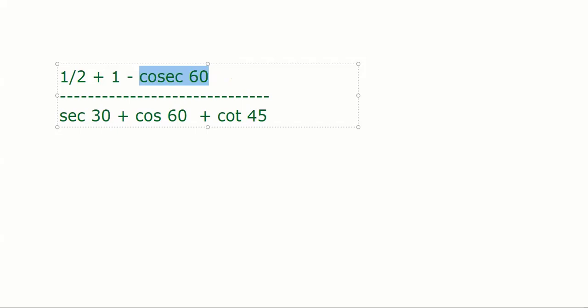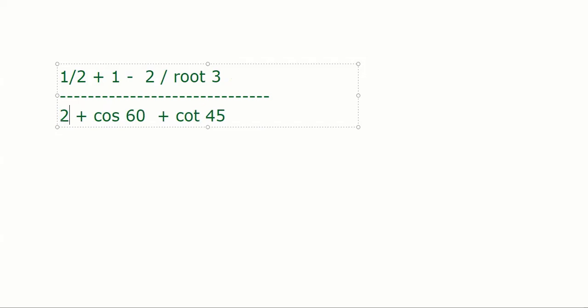So 3/4, inverse 4/3. So 2/√3. Everybody okay on this? This 2/√3. Let's come to sec 30 now. Sec 30 तो cos 30 4/4, 3/4, √3/2 या inverse 2/√3. 2/√3.